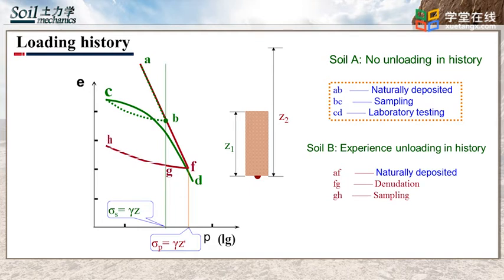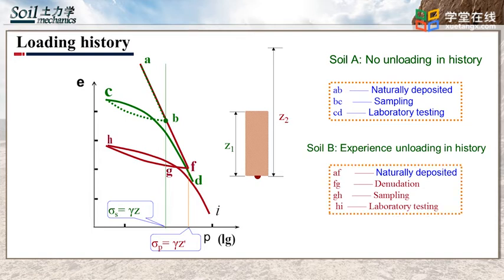During the soil sampling, the existing effective overburden pressure is also released, which results in some expansion. When this specimen is subjected to an odometer test, a small amount of compression will occur when the applied effective pressure is less than the maximum effective overburden pressure in the past.